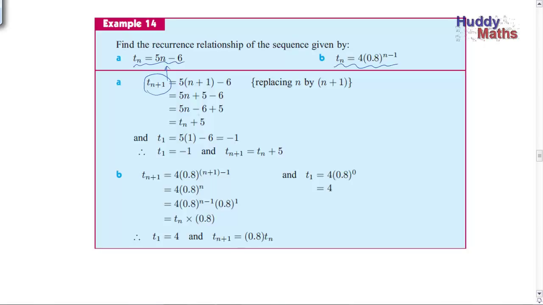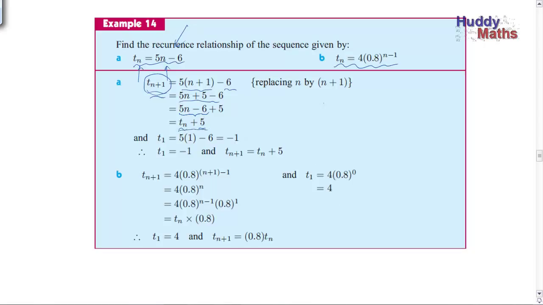Okay, so here Tn plus 1 would be 5 times n plus 1 take 6, and so we're putting n plus 1 in both places in there, and then if you simplify this, there's our first, that was our original relationship, 5n take 6, and that was Tn plus 5. So you could do that purely algebraically. Take the explicit formula in place of n, put n plus 1 and then try and connect it back to Tn.